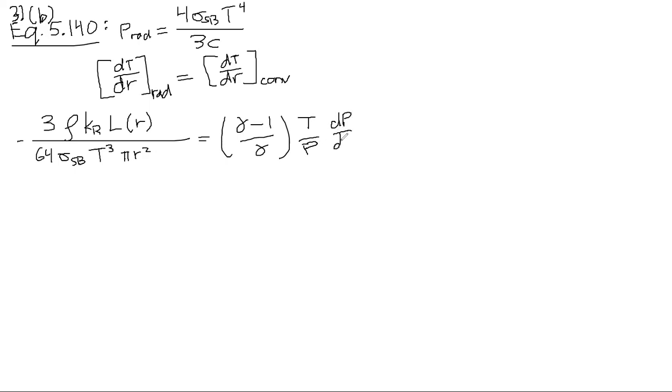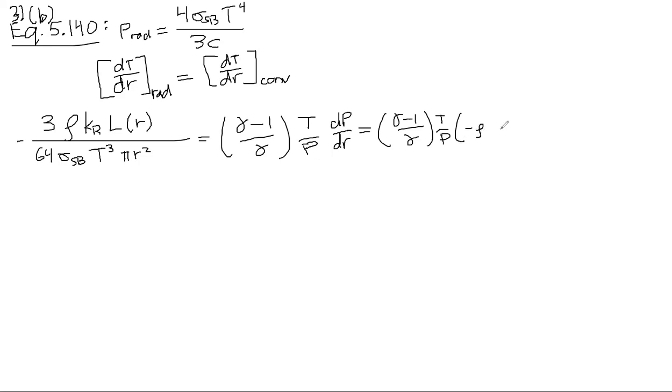dP/dr. Okay, so we have a dP/dr right now. We don't want a dP/dr in the final answer. So what is our favorite way to get rid of dP/dr? Well, let's use hydrostatic equilibrium to get rid of it. So I just want to substitute out that one quantity, keep everything else the same, still gamma minus 1 over gamma, temperature times pressure.